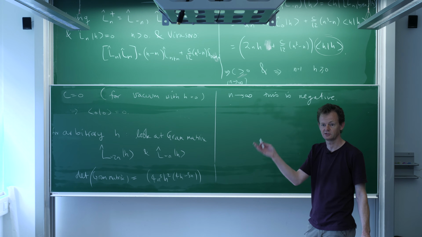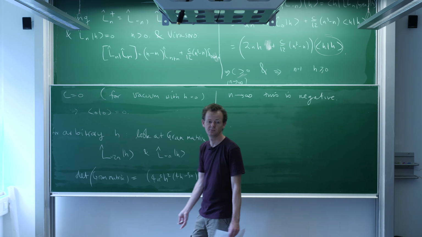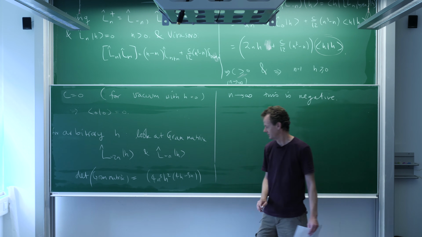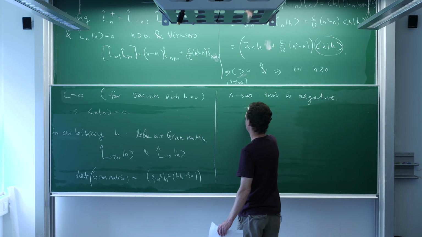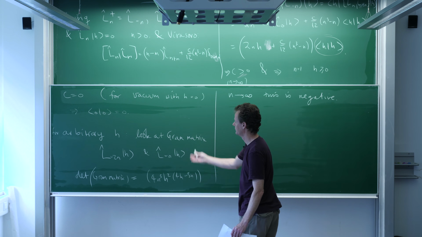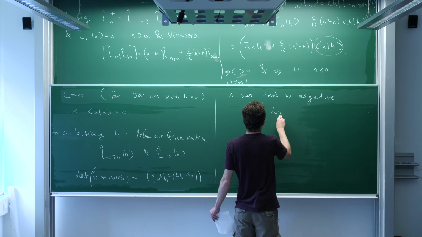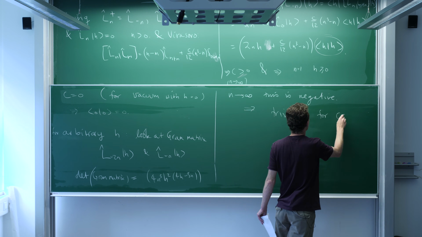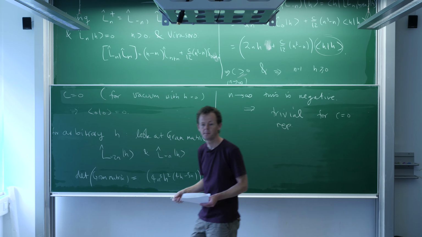The gram matrix, which is just the matrix of inner products, should be a positive matrix, so the product of its eigenvalues should be positive, but the determinant, which is this, goes negative when n goes to infinity. So the only possibility is that the inner products of all these vectors is 0. So again, you have a trivial representation for c is naught.